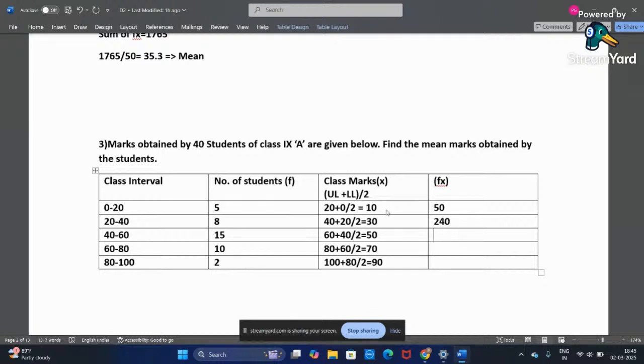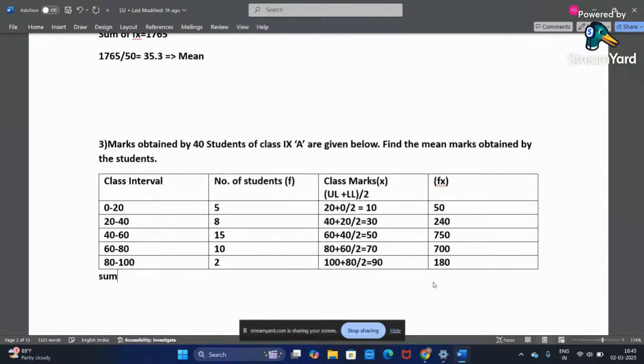Then 50 into 15. How much is it? 15 into 50. It is 750, right? Okay. Then 70 into 10 is 700. Then 90 into 2 is 180. Sum all this.